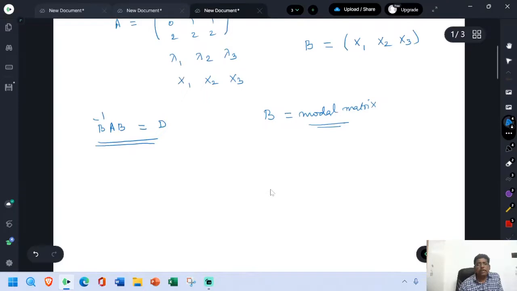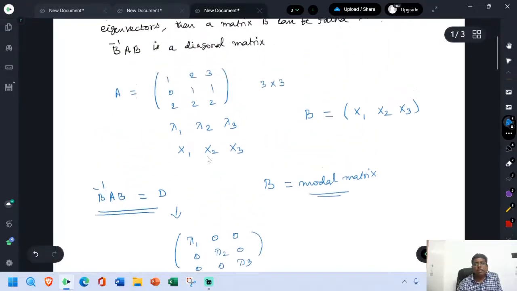Say that the D matrix is lambda 1, 0, 0, 0, lambda 2, 0, 0, 0, lambda 3. So this is the meaning of this theorem.